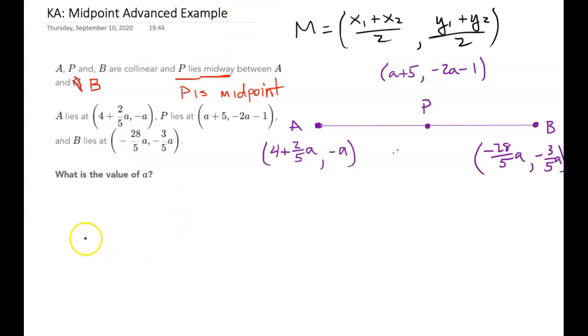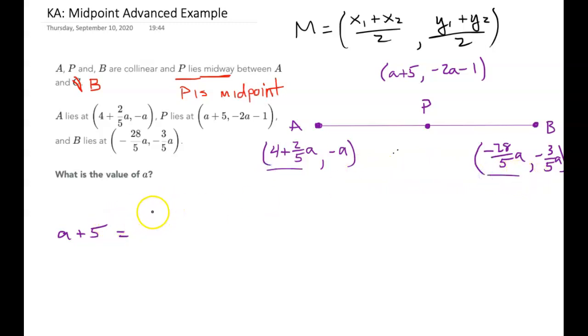I know that A plus 5 is my x coordinate of my midpoint, and that's equal to the average of these values, so this one and this one.